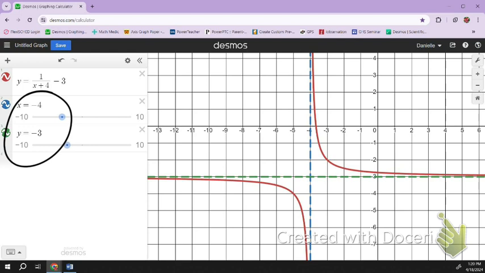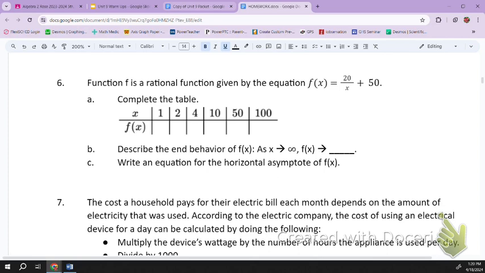Oh, we have to start domain and range. We'll do domain and range together. Okay, so we practice that. Okay. So you're sketching that on your paper. Okay, we'll do that right now.